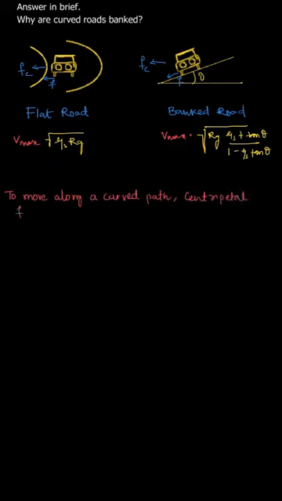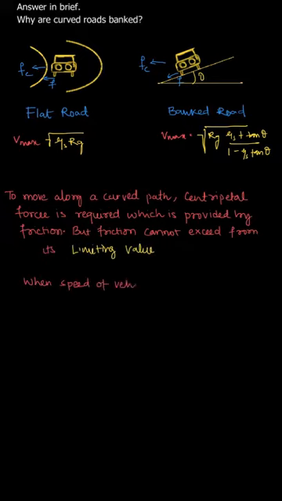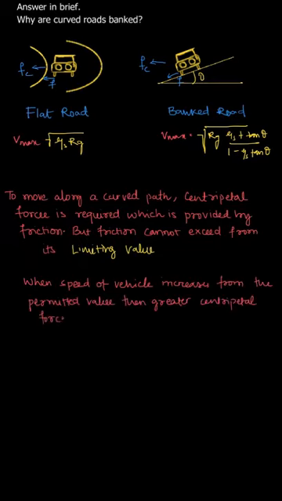Now we know that to move along a curved path, centripetal force is required, which is provided by the force of friction. But friction cannot exceed its limiting value. So if we want to increase the speed of the vehicle, a greater centripetal force will be required.